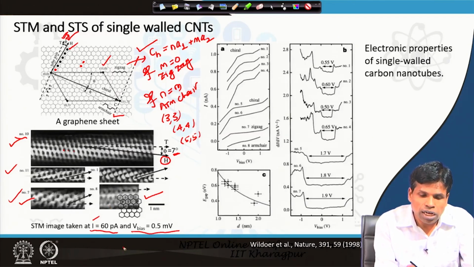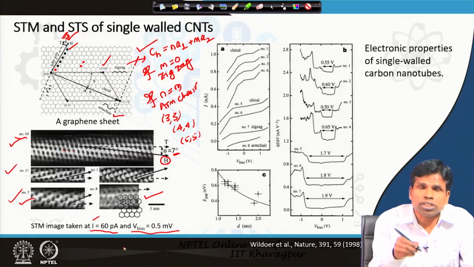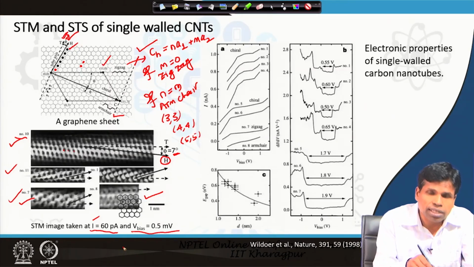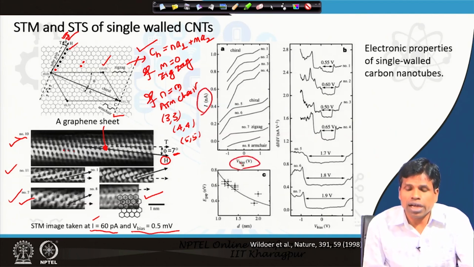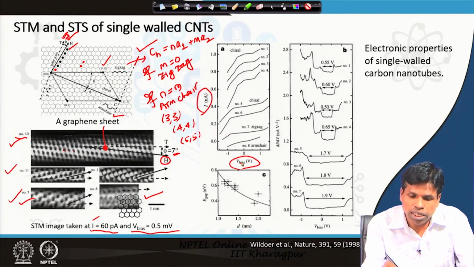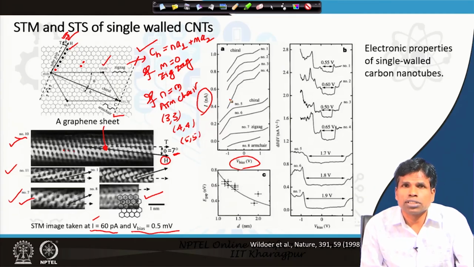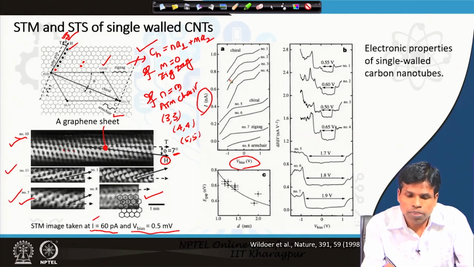So now, using the tip, we can bring the tip close to one such nanotube and then measure I versus V. As you see here, in the case of a chiral tube, there is a low conductance, then it keeps on increasing with several kinks, giving rectifying behavior.